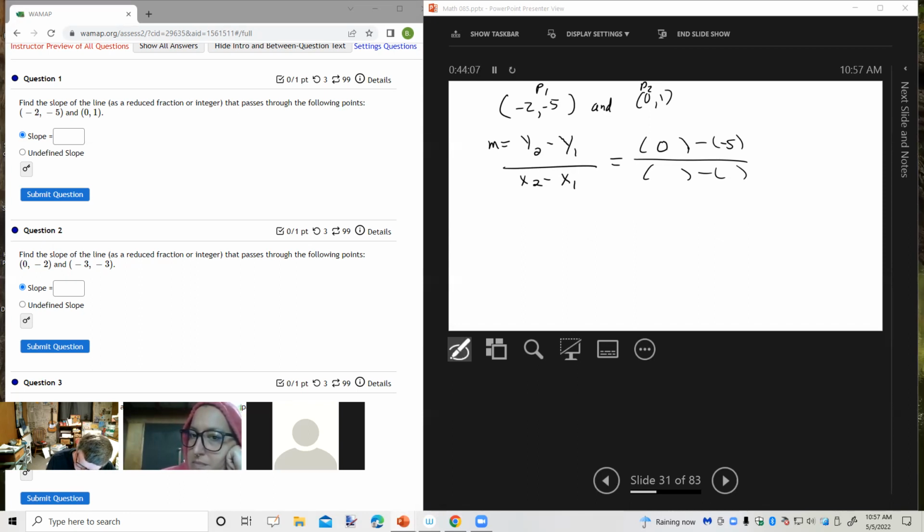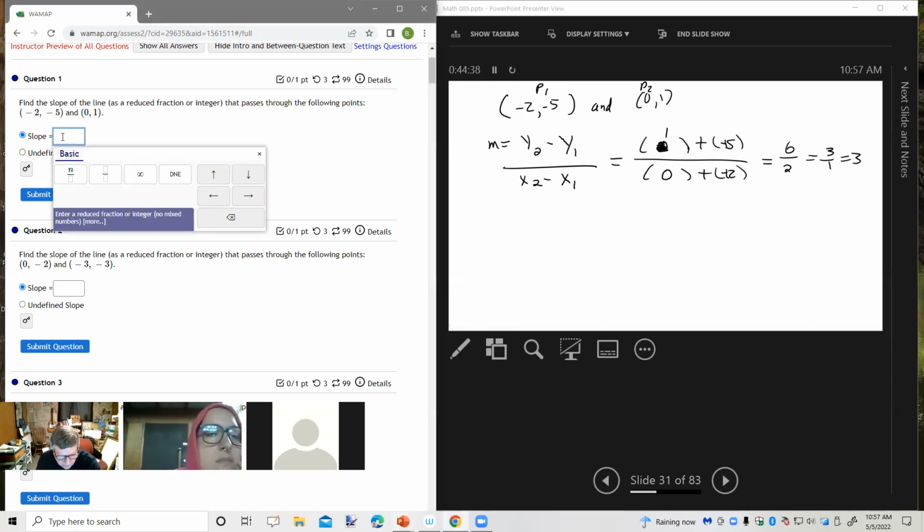What is y sub 2? It's 1. Slow down, I'm talking to myself here. Y sub 1 is -5, x sub 2 is 0, x sub 1 is -2. 1 minus -5 is 1 plus 5 is 6. 0 minus -2 is 0 plus 2 is 2. But this reduces down to 3/1, or just 3. So it's not undefined. It is 3.